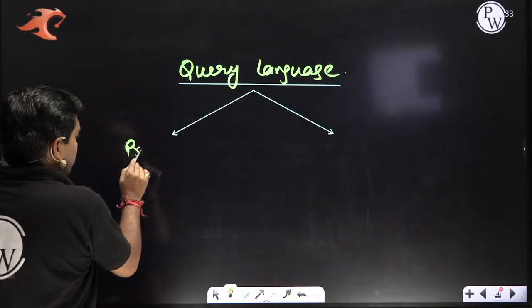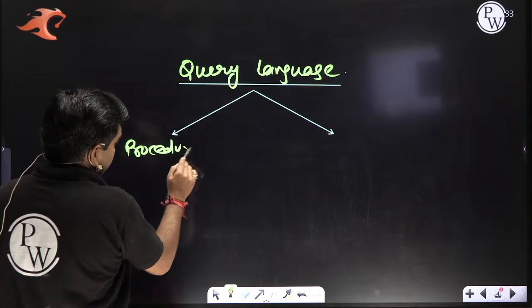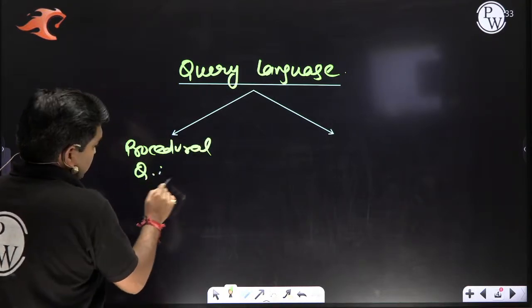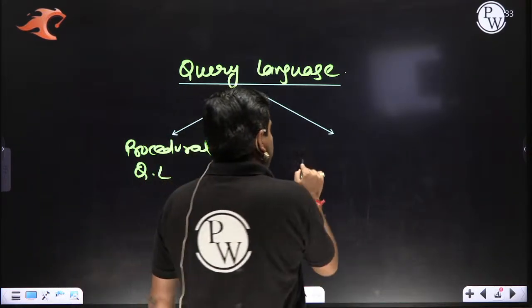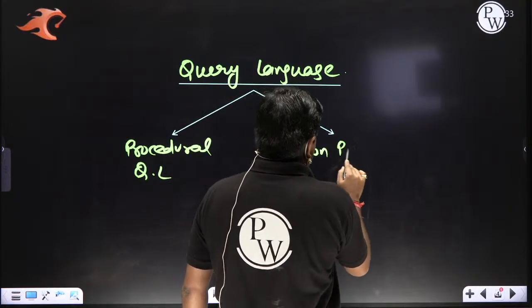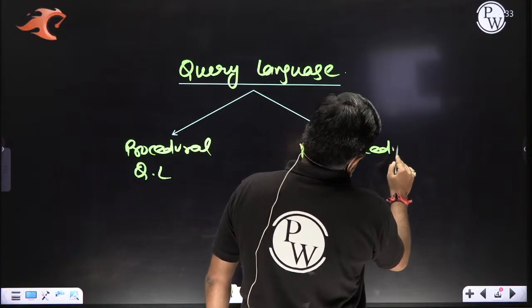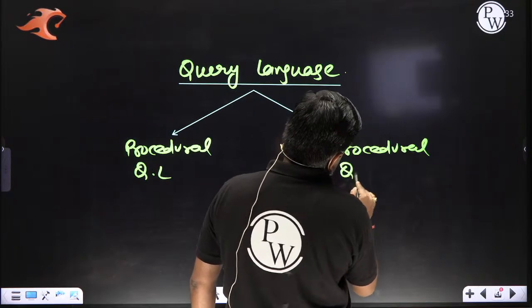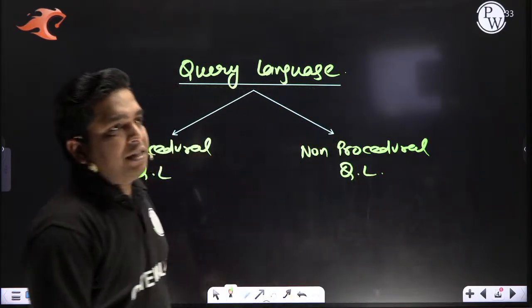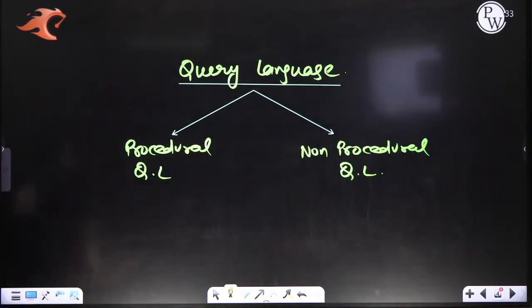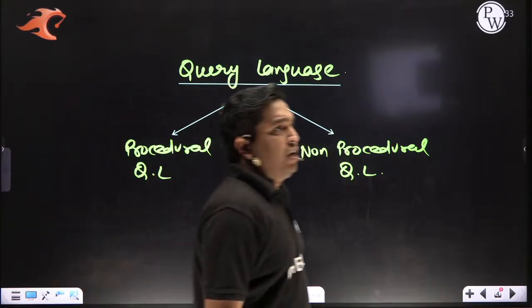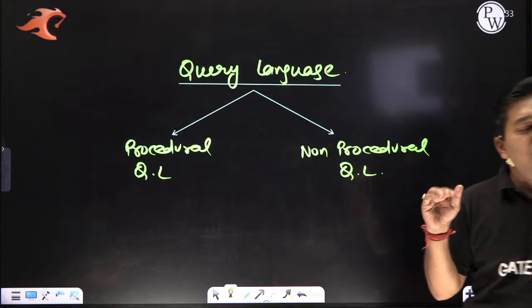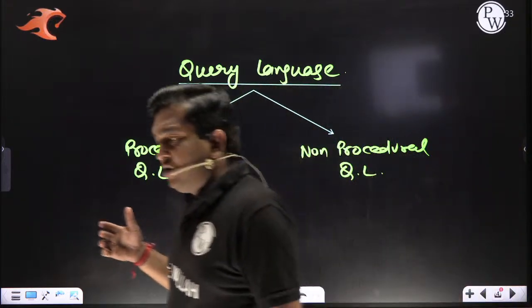First one, procedural query language. Second, non-procedural query language. There are two types of query language, procedural and non-procedural.